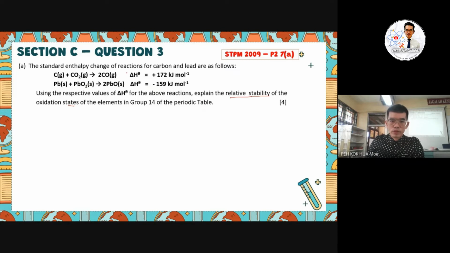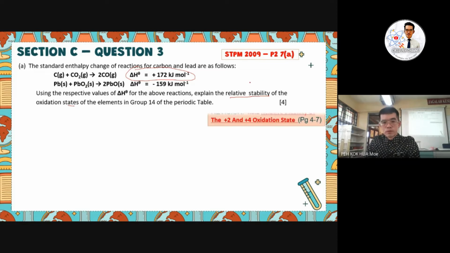So that means we have to relate the enthalpy here to the oxidation state. So as we know, for group 14 there will be only two oxidation states, which is +2 and +4. So again, you have to discuss the +2 and +4 stability.